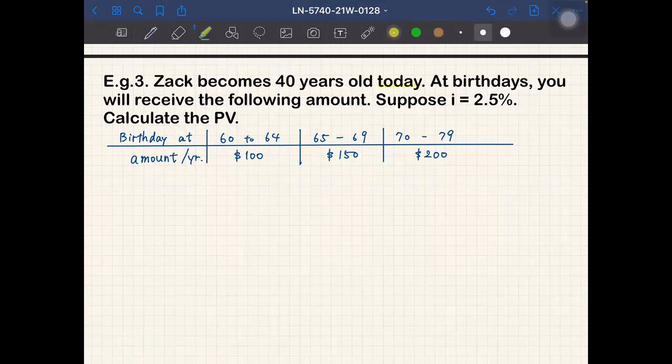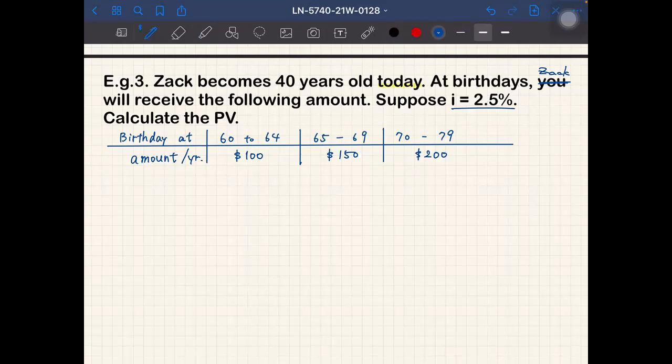At birthdays, he will receive the following amounts, and suppose that the annual effective interest rate is 2.5%. Calculate the present value.